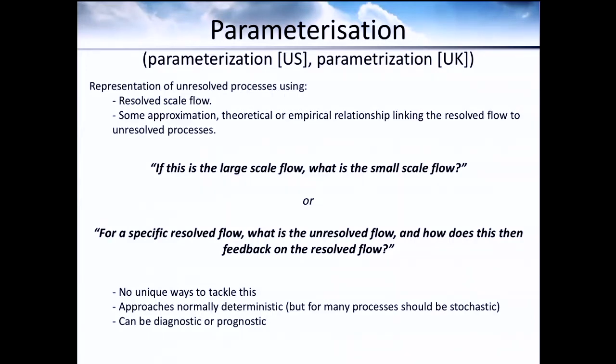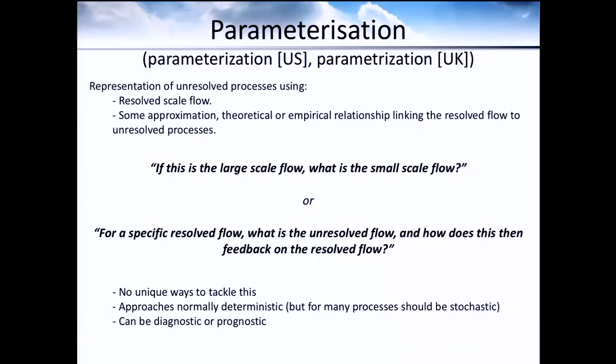And we formulate parameterizations as a basis. They work off what the resolved scale flow is doing, what your model is resolving, and some approximation that links the resolved scale flow to unresolved processes via theoretical or empirical relationships, or machine learning relationships as well.